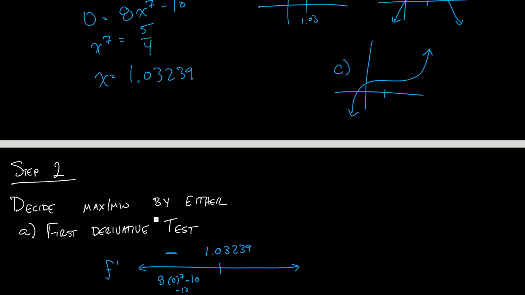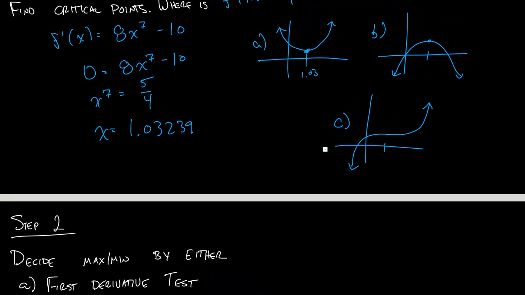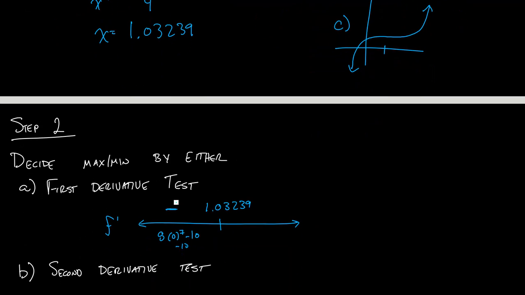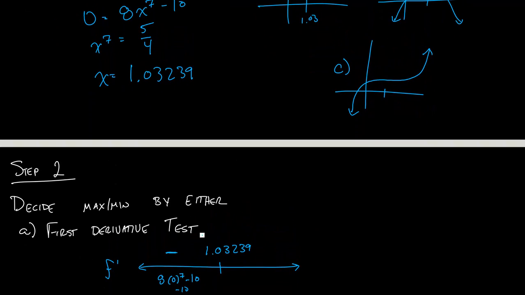That means my graph is decreasing up until 1.03, but the question is, does it increase after 1.03, or does it keep decreasing and do something similar but flipped? So we need to plug in something bigger than 1.03 into 8x to the 7th minus 10.